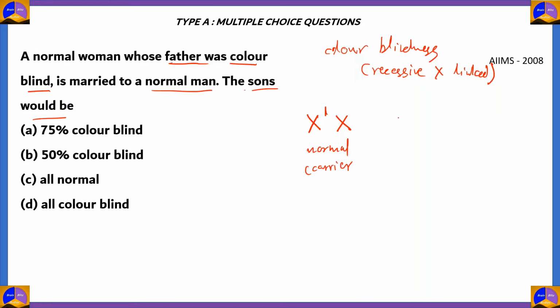And when she marries a normal man, the offsprings are one of the following: X-X, X-Y, XX, and XY.